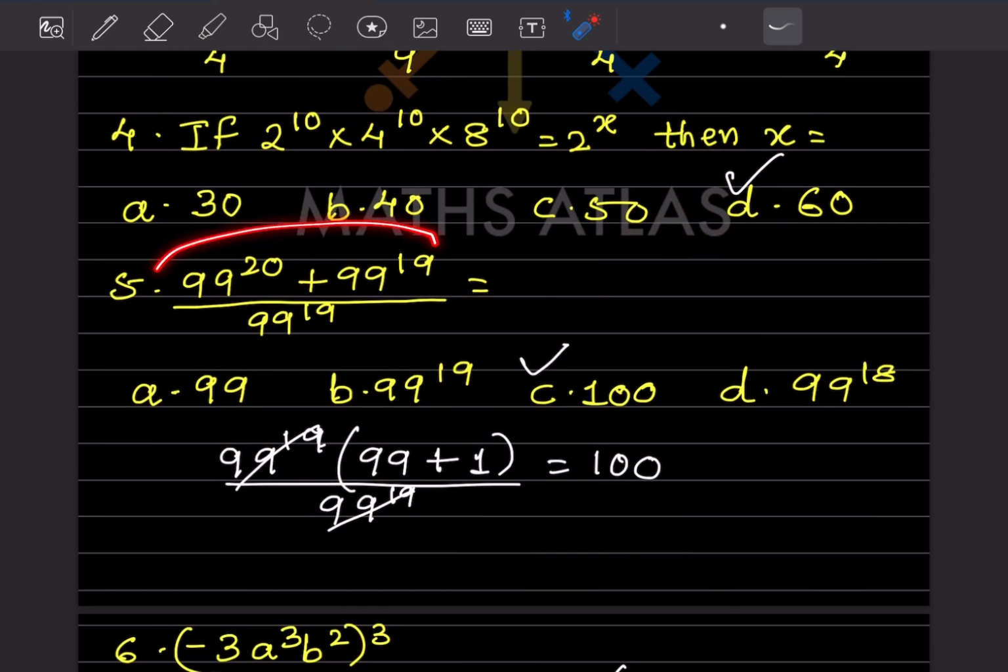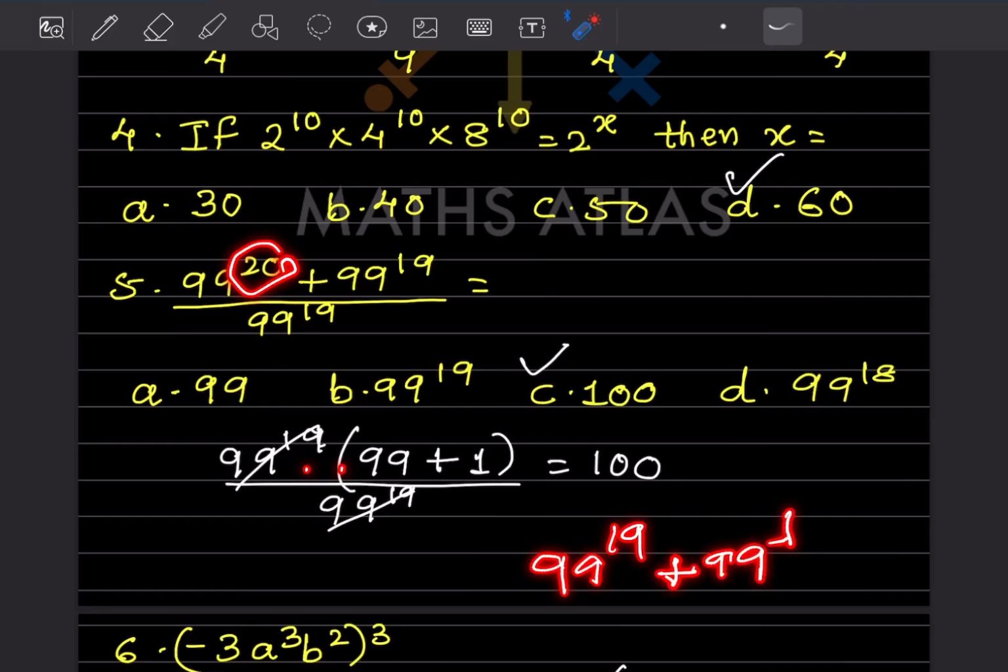So now here you can see the base is 99, but this is plus. So what we can do here, this is 20 and this is 19. So we can take common here 99 raised to 19. So now 99, but here we want 20. So 99 raised to 19 multiplied by 99 raised to 1.